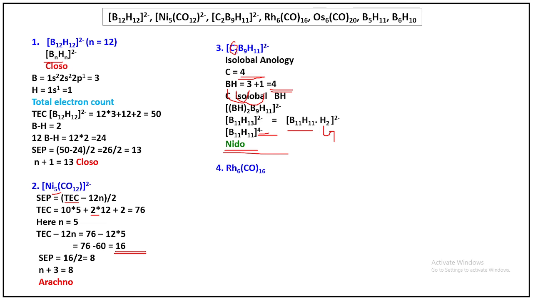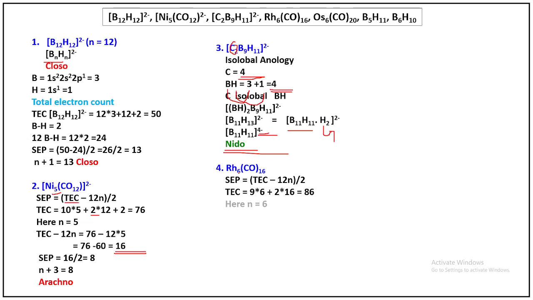The next one is Rh6(CO)16. In this case also we can proceed this way, where the number of skeletal electron pairs equals the total electron count minus 12n, divided by 2. The total electron count will be 9 into 6, where 9 is the number of valence electrons on rhodium, plus 2 into 16, which equals 86.